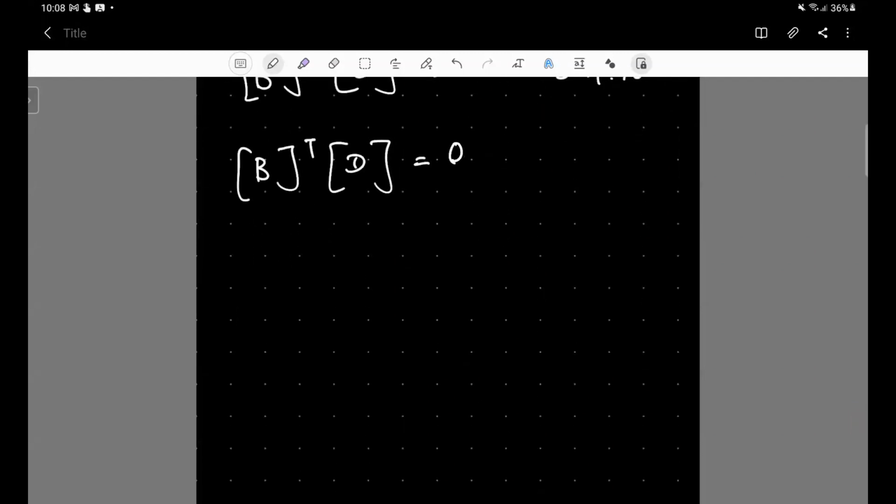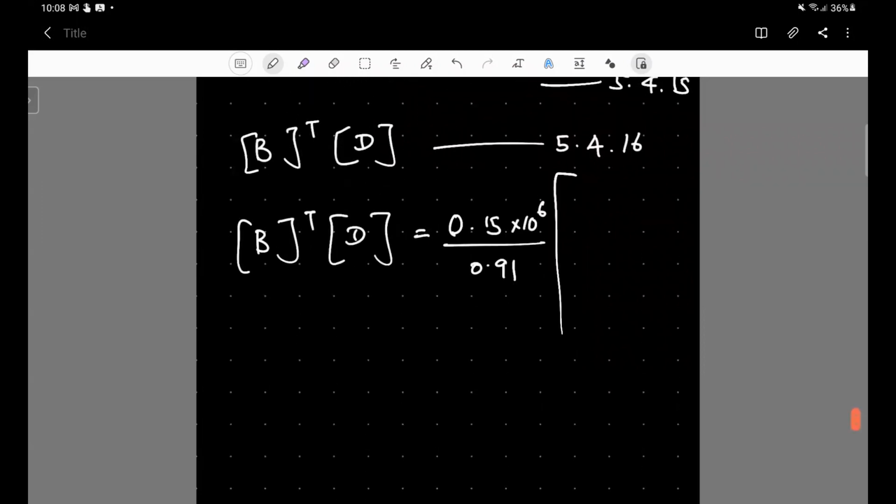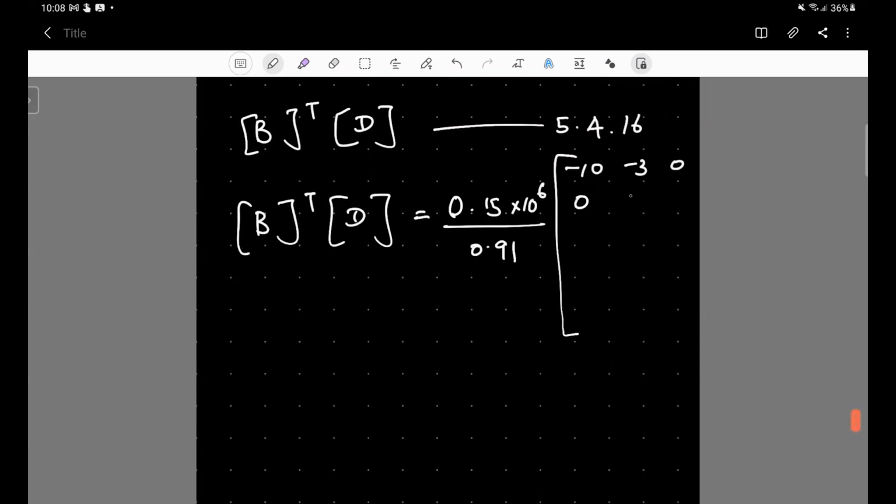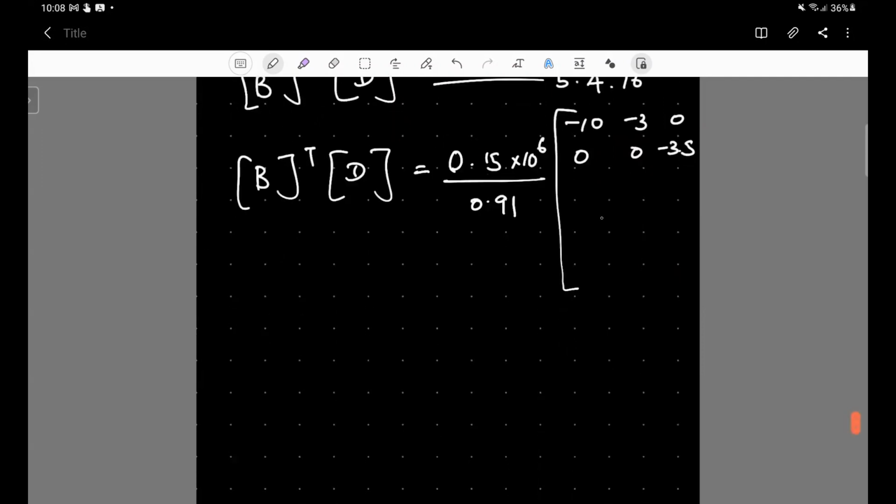So you would be able to get, let's take these factors out, 10 to the power 6, a 6 by 3 matrix, 6 by 3 because we are only considering one element now, 0, 0, minus 3.5, 3.